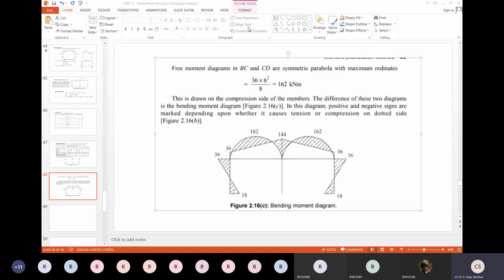I am representing the end moment diagram using red color. Here the bending moment is 18 kilonewton meter, that is positive, represented here. Here the bending moment is plus 36. Here the bending moment is minus 36.